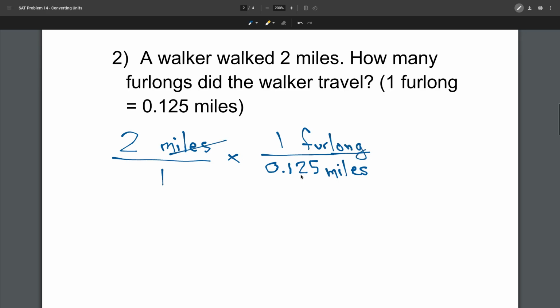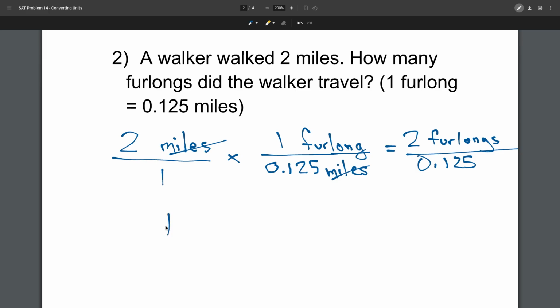Okay, so miles are going to cancel. 2 times 1 is 2. So we have 2 furlongs divided by 0.125. Now if we divide 2 by 0.125, it's going to go in 16 times into 2.